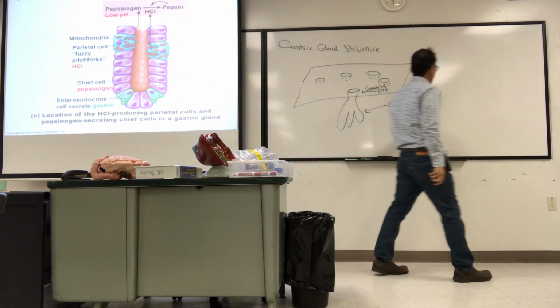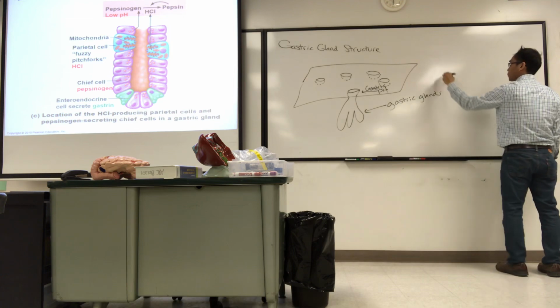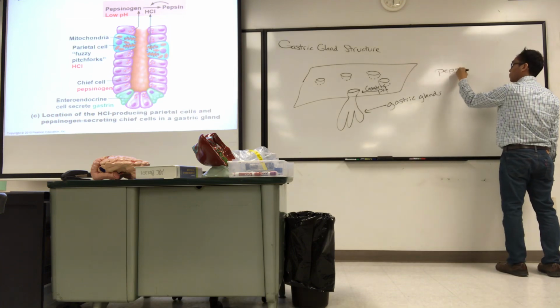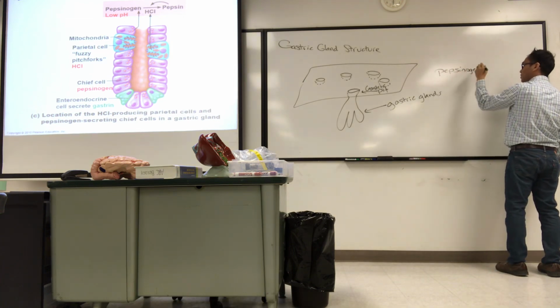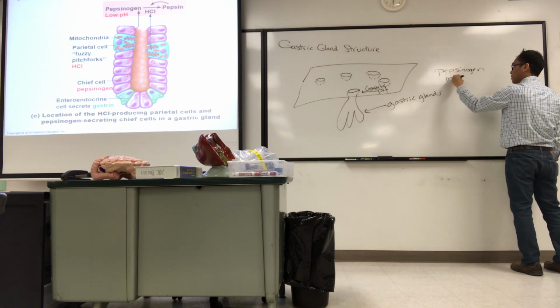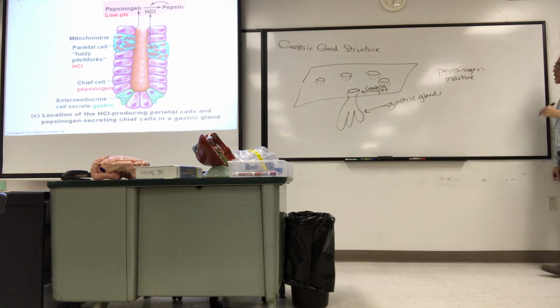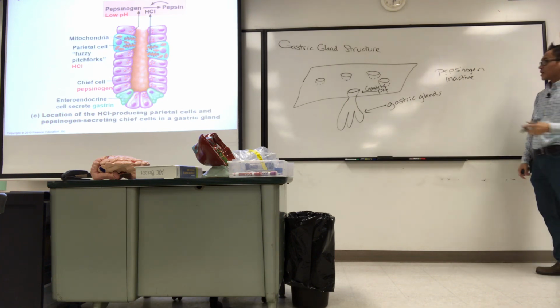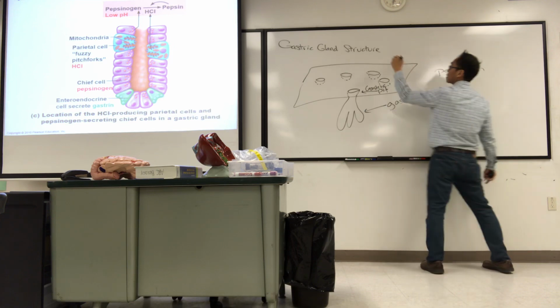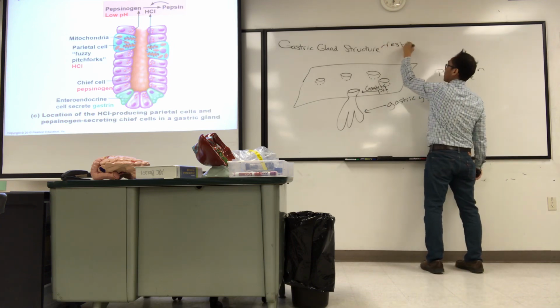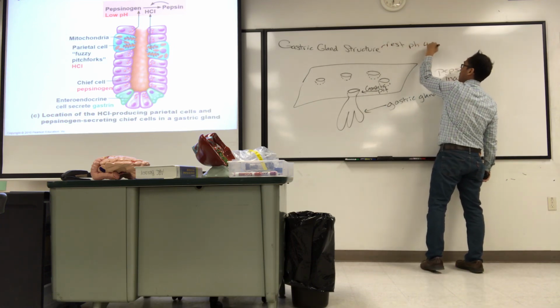So, pepsinogen is released when you have protein, so this is inactive. Okay. And usually, like, if you're not eating between meals, stomach at rest, maybe the pH in the stomach is something like 4 to 6.